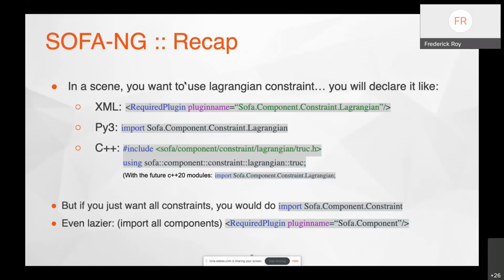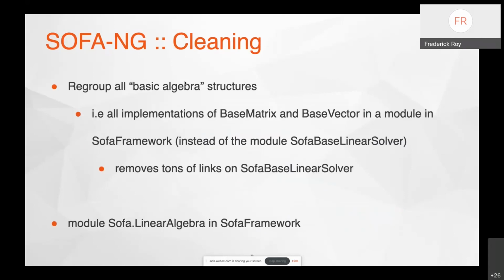Or even easier, if he just wants to use SOFA components without knowing where is what, in XML he can load the plugin sofa.component, which will load all the submodules. That's our target.